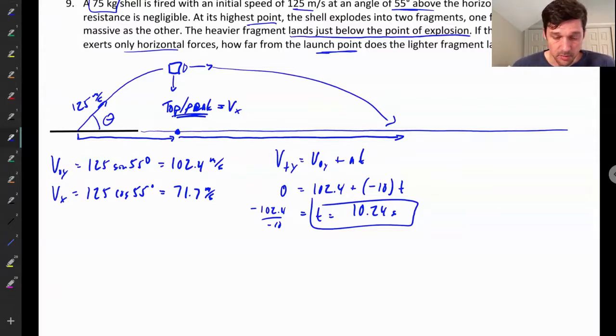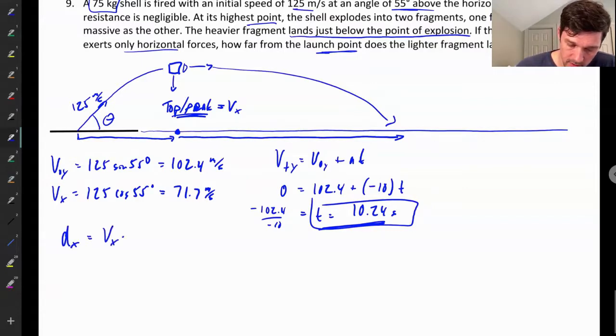Well, the first part is kind of easy. We already have the time. It takes 10.24 seconds to go up and also 10.24 seconds to go down. So on its way up, it's going to be traveling horizontally some displacement in the x direction. That's going to be Vx times the time.